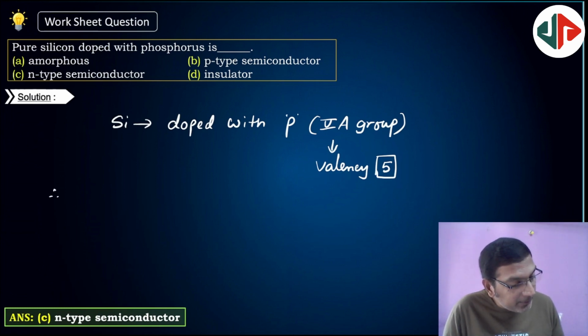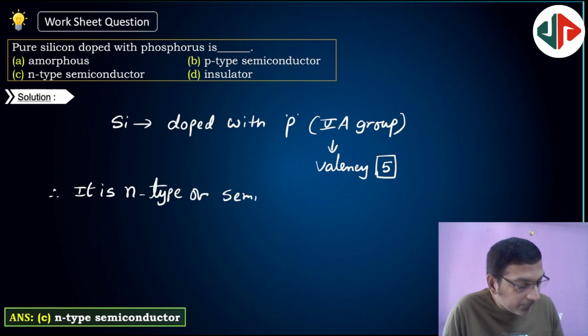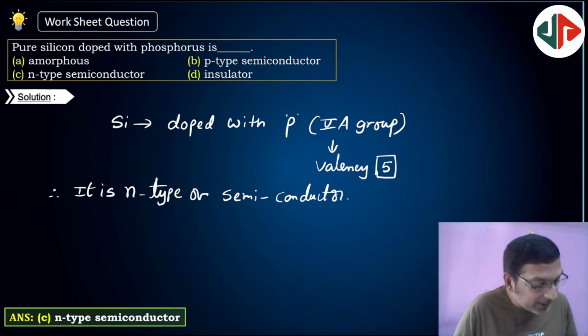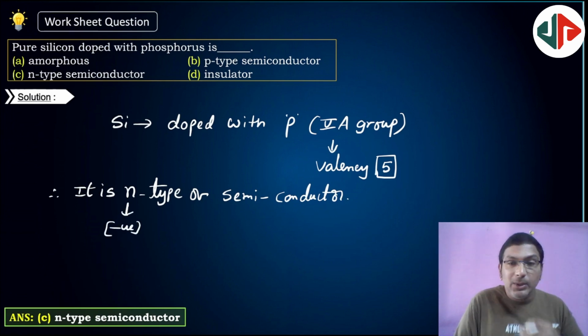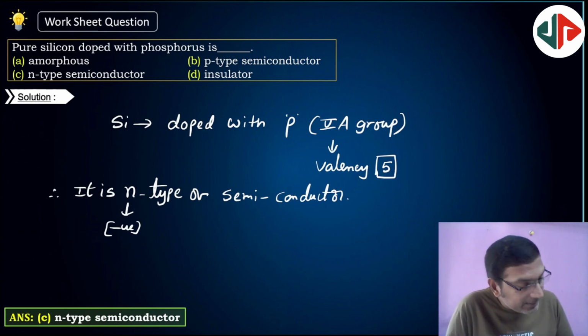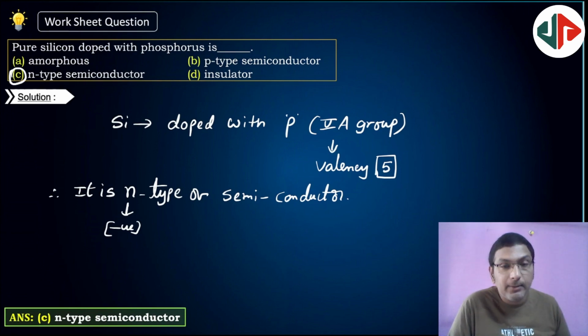So therefore it is N type, N type of semiconductor. Very important. N type, negative charge. N means negative. Extra electron will be there. So out of 5 electrons, 4 electrons will be involved in bonding and 1 electron will be free. Option C. Next.